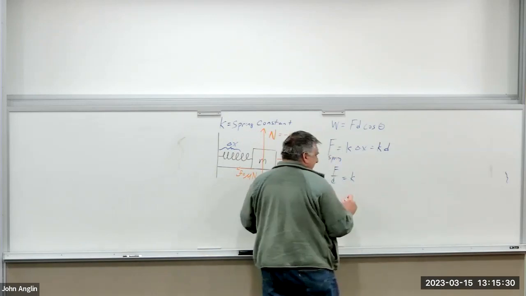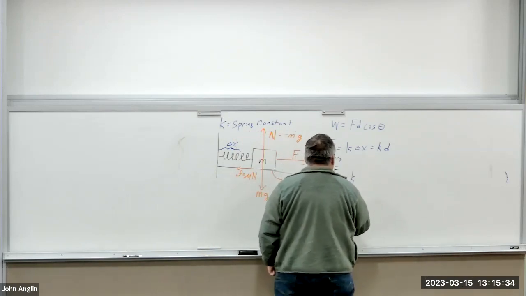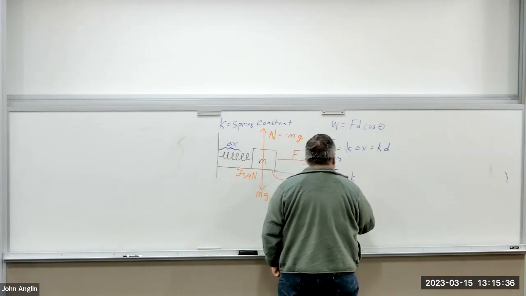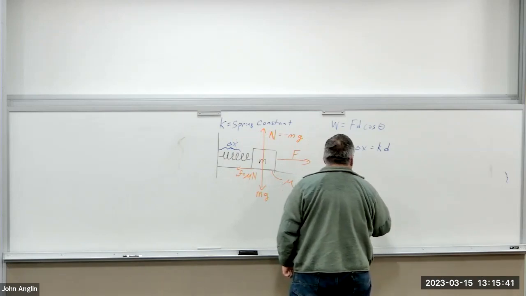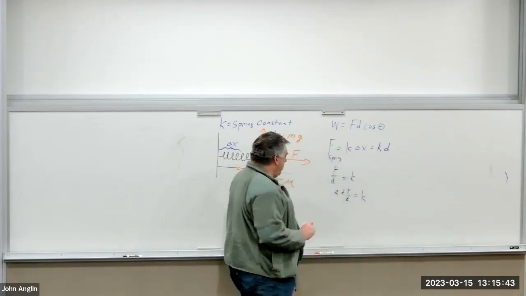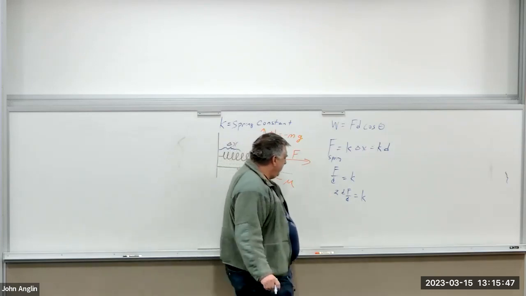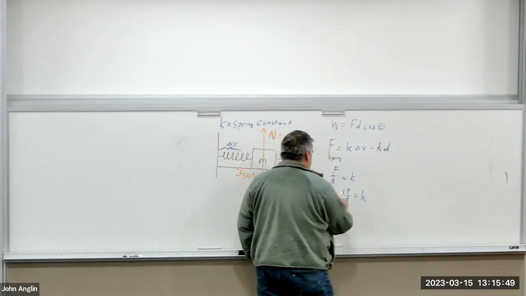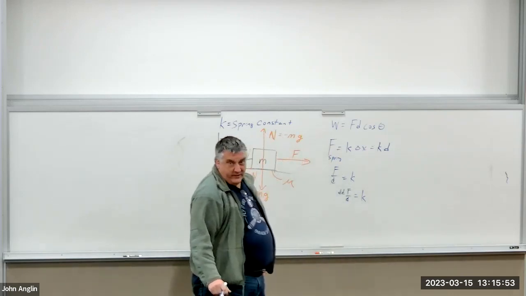So if we multiply this by D, F over D equals K. Right, so look what happens. That should be multiplied by another D. So you basically get a D squared, right?